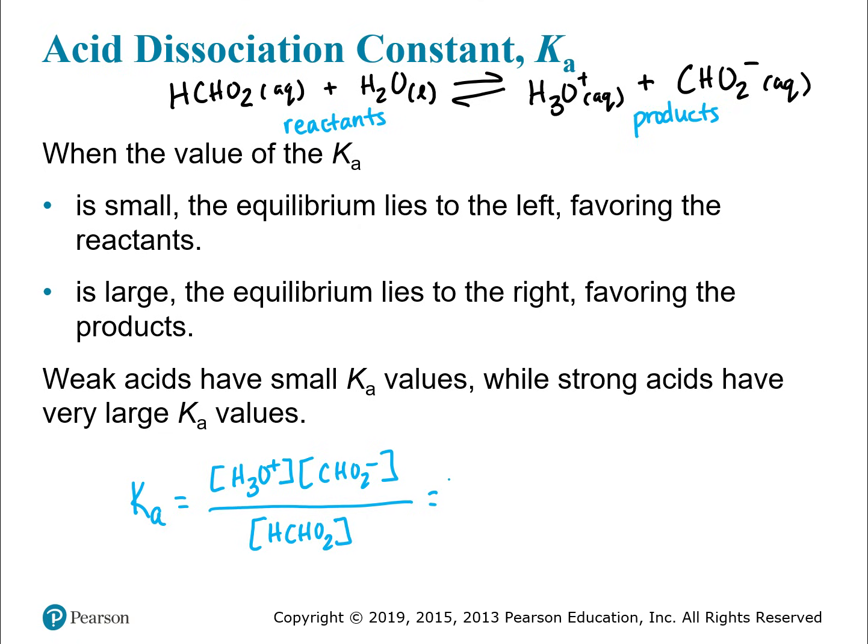For formic acid, it's equal to 1.8 times 10 to the minus 4. There are no units for the Ka value. In general, when the value of Ka is small, the equilibrium lies to the left, favoring the formation of the reactants. What that means is you're going to have more undissociated weak acid.